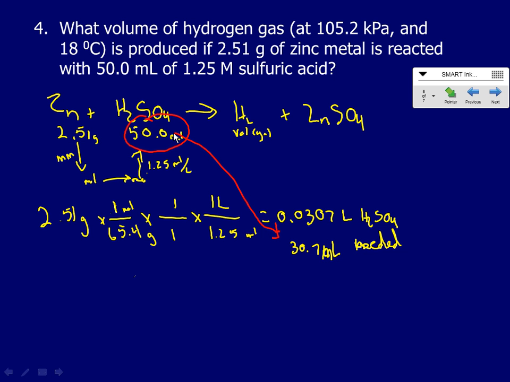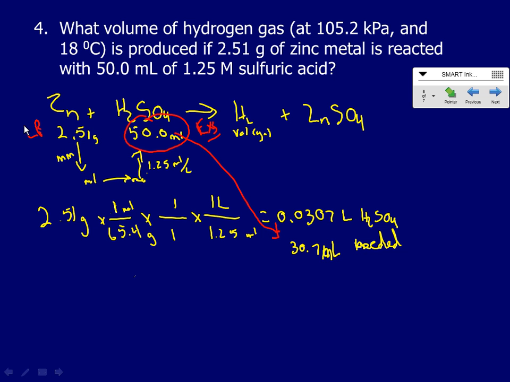I have too much. Whatever you want to put in there, and therefore, excess. If you do it the other way around, you say, 30, 50, oh, 30 is smaller than 50. It must be limiting. You always end up getting false logic if you don't go back to what you have and compare it to what you need. All right, I've seen examples of that on previous tests.